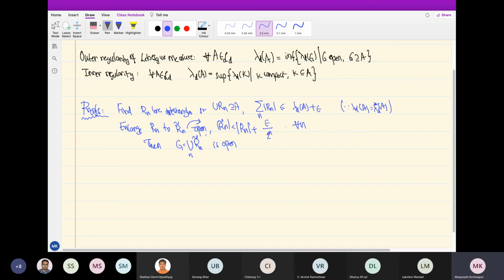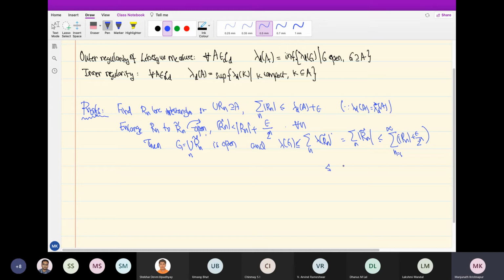Therefore, the union of R_n tilde is open, and if you look at lambda of G, that is less than or equal to the sum of lambda of R_n tilde, which is the same as the sum of volumes of R_n tilde, but that we know is at most the volume of R_n plus epsilon over 2 to the n. Okay, and what is the sum of volumes of R_n?